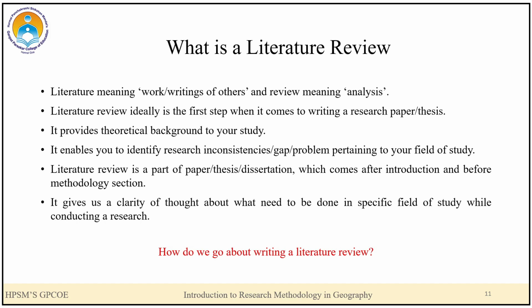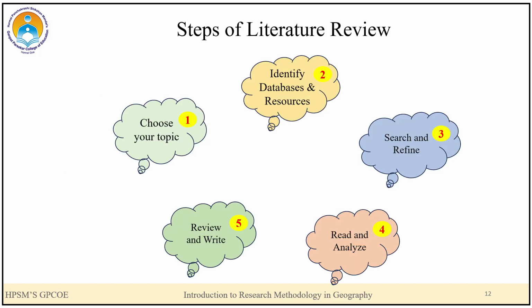Literature review is a part of a paper, thesis, or dissertation which comes after the introduction and before the methodology section. It gives us clarity of thought about what needs to be done in a specific field of study while conducting research. So how do we go about writing a literature review? That we will understand in the further slides.